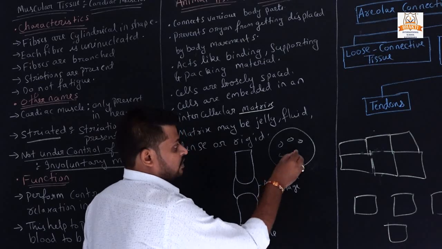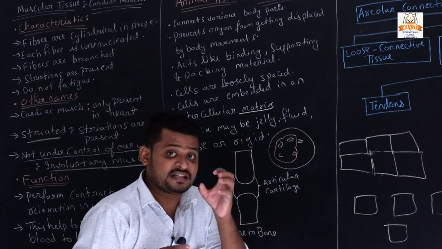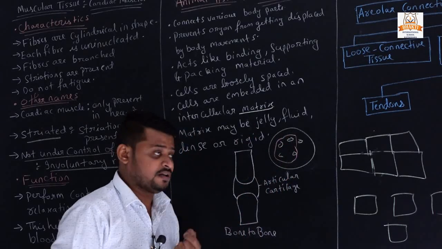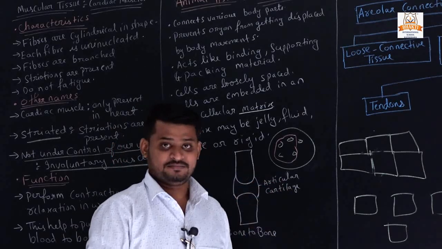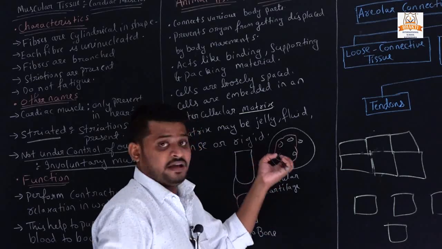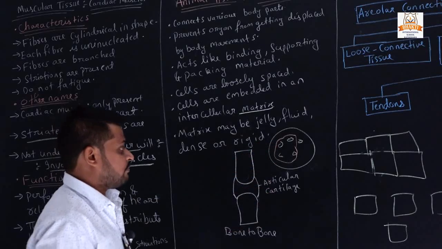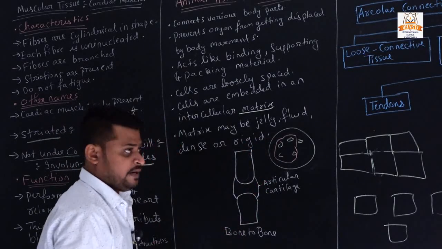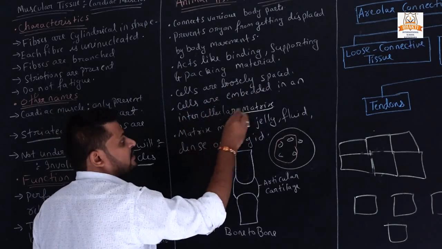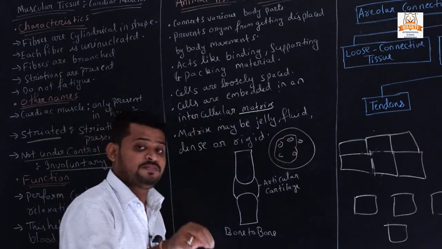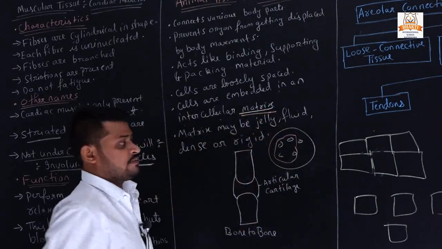What is matrix? This is a matrix. Matrix is a substance of small particles in which cells are embedded. It will collect and place the cells at the same place. That is matrix. The cells are embedded in an intercellular matrix. Means the substance in which cells are embedded is called matrix.